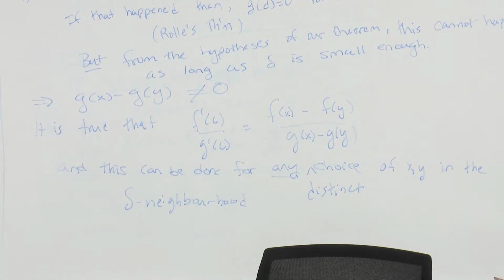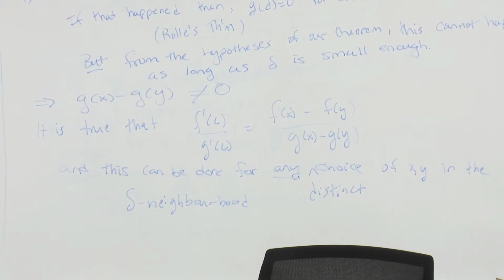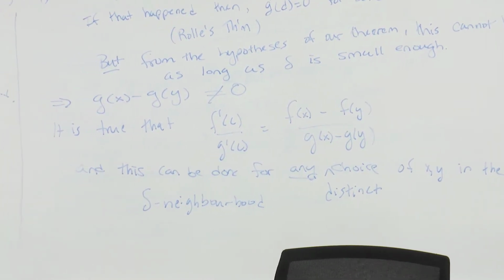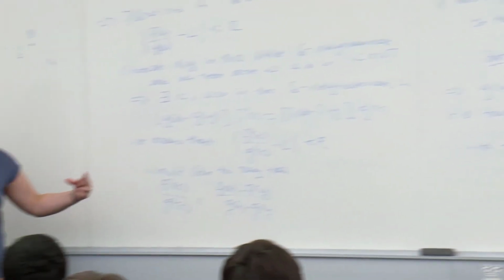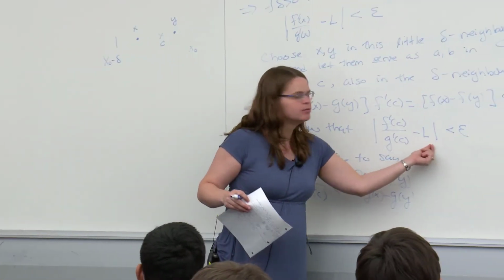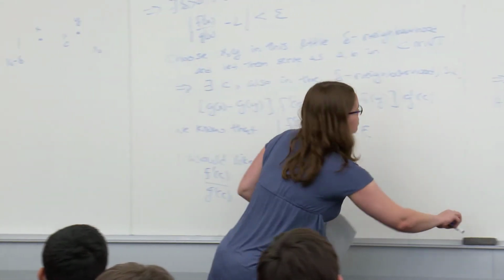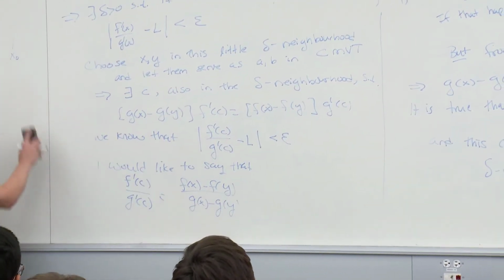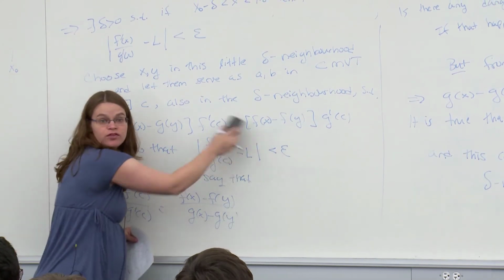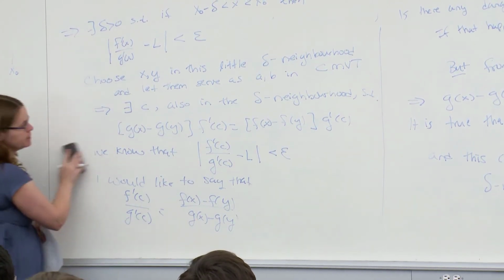Okay, so this is good. This means I can come back to this estimate, right? We wrote down one of the very few things we knew, which was that f prime over g prime had a limit. And now, in place of f prime over g prime in here, I can write this quotient that involves the function values. And this is good because we are trying to work our way back towards something that relates function values to this limit L. Okay, so I'm about to erase this, but I'm going to use this fact in my very next line.